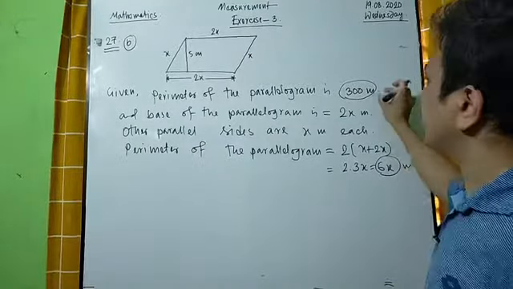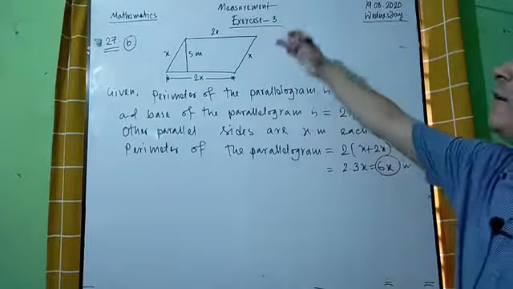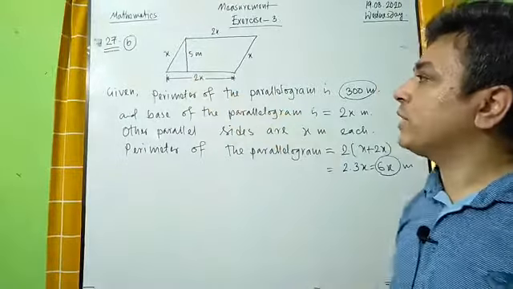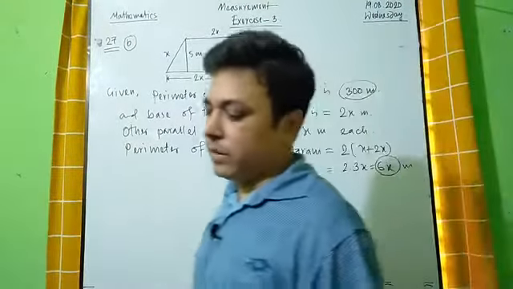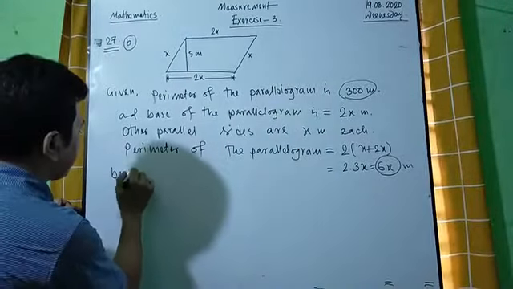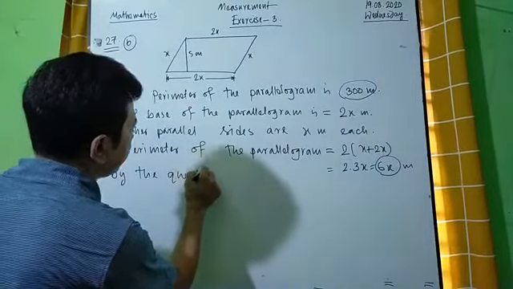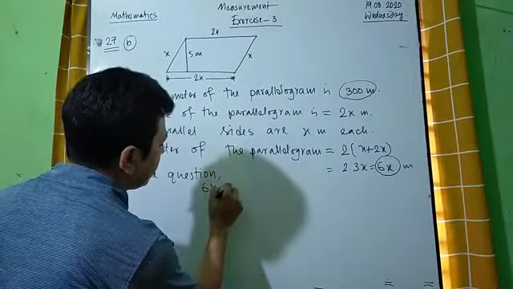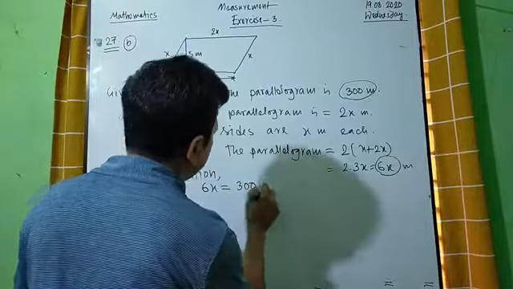So we can write by the question 6x equals 300 meter. Easily we can find out the value of x, because without the value of x we cannot find the area of the parallelogram. So 6x equals 300 meter.